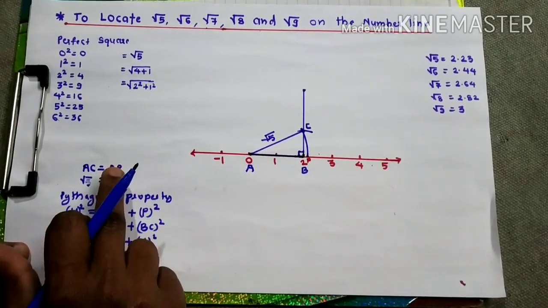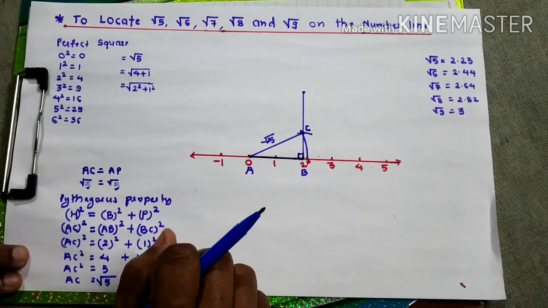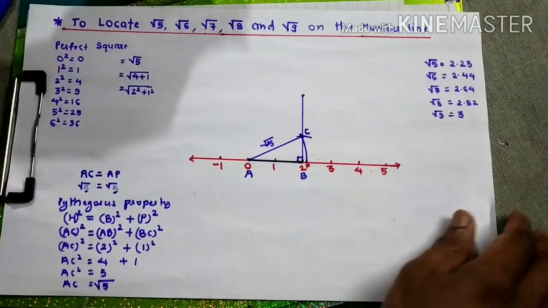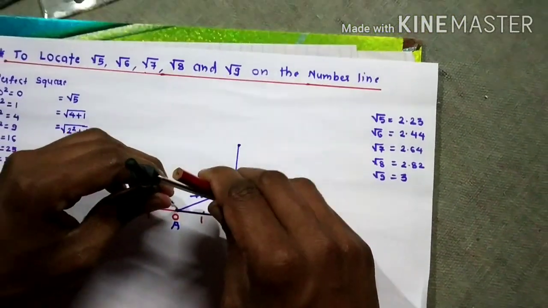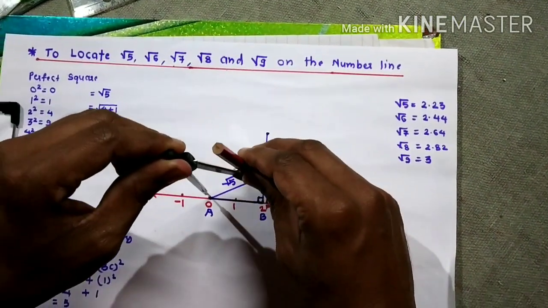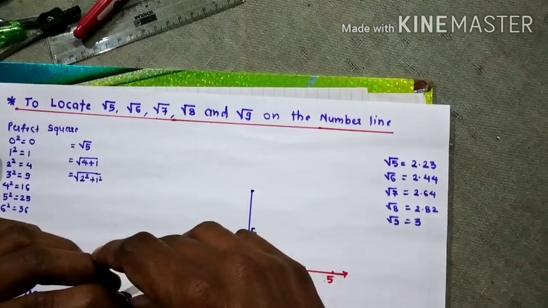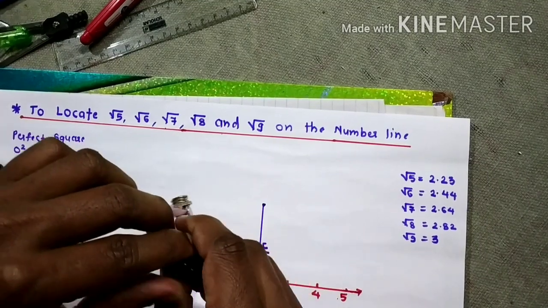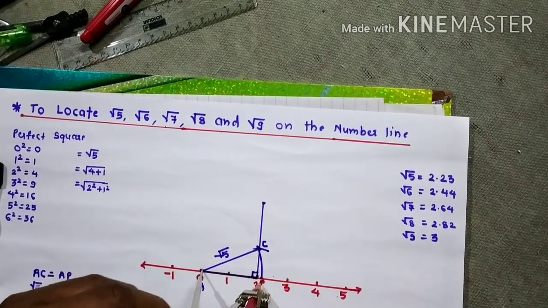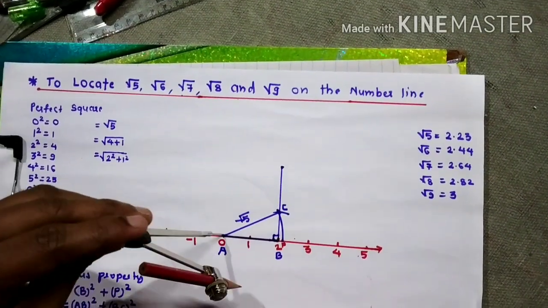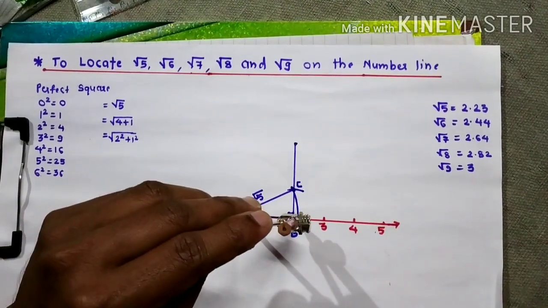How will we prove AP is equal to root 5? If we draw one circle here like this, this is a circle and these are the two radii.